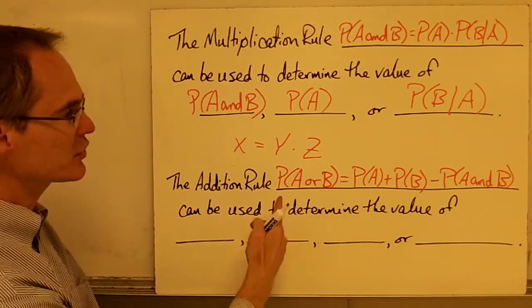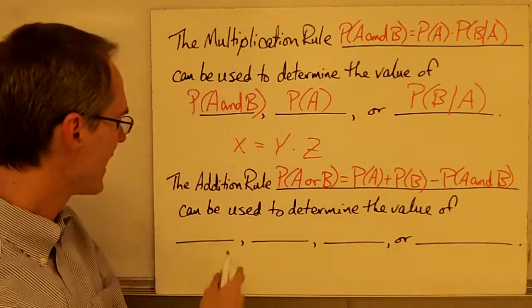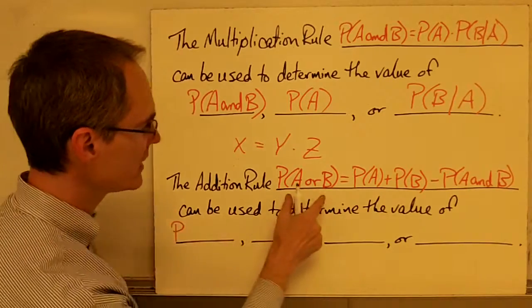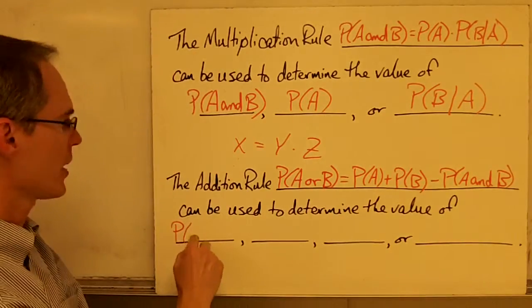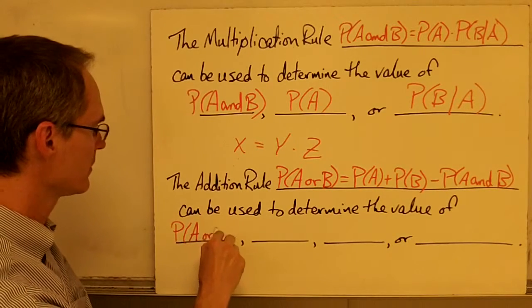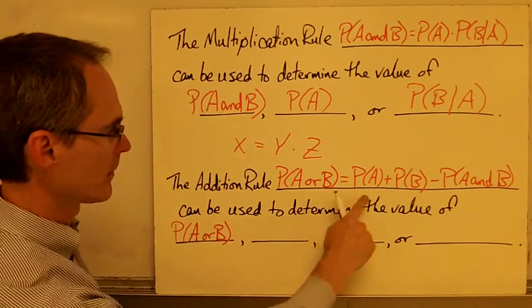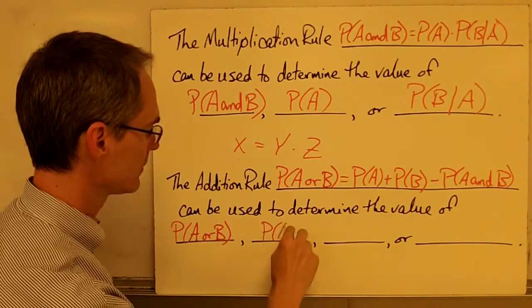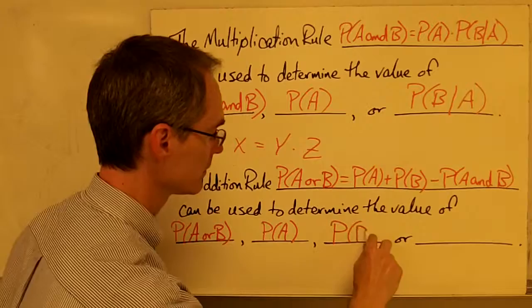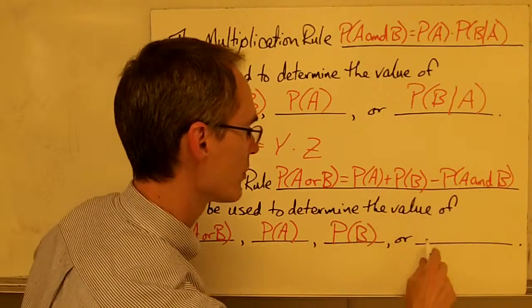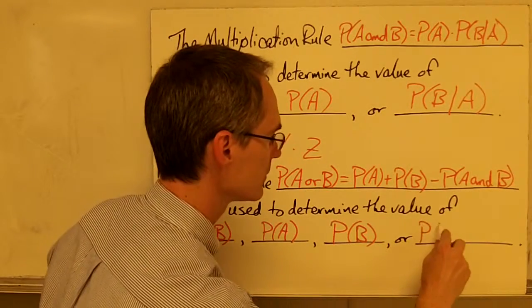Well, notice the addition rule can be used to determine the value of each of these four pieces of this formula: probability of A or B, the probability of A, the probability of B, or the probability of A and B.